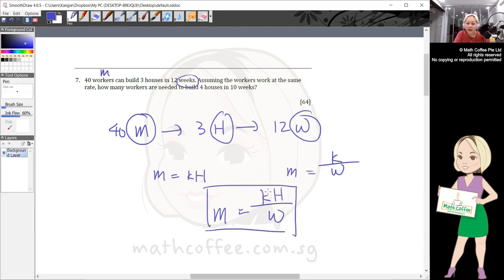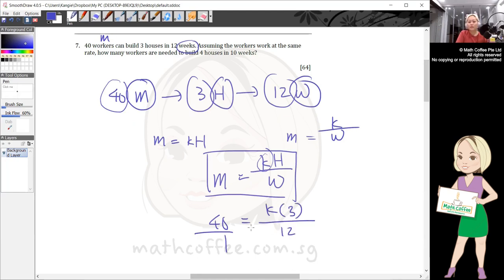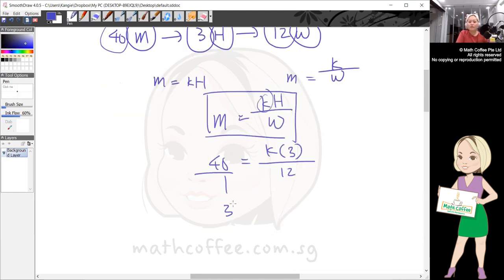But don't forget, I haven't found my K. So now I'm going to sub in 40, 3, and 12. I have 40 equals K times 3 houses over 12 weeks. Now cross multiply: 3K equals 40 times 12, so K equals 40 times 12 over 3. Cancel 4, so K is 160.